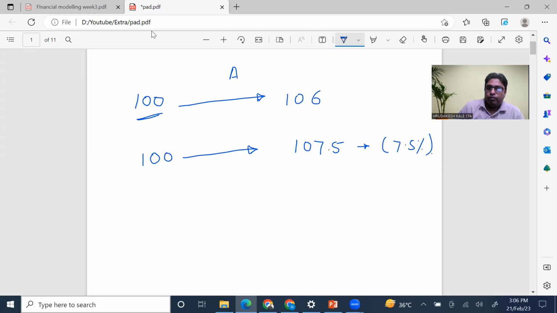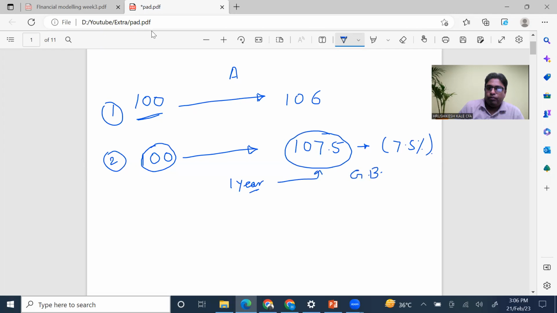So, if you look at these two scenarios, scenario 1 and scenario 2, you will find that 100 rupees today is becoming 107.5 rupees after 1 year by investing in government bonds, which are risk-free.